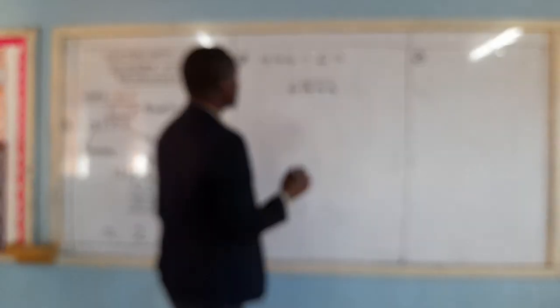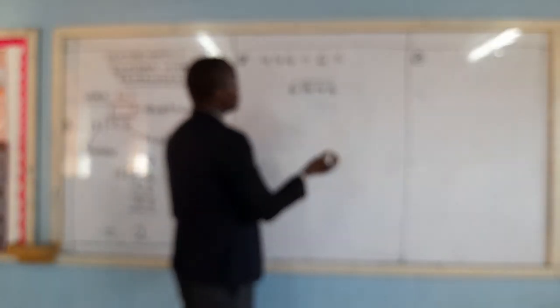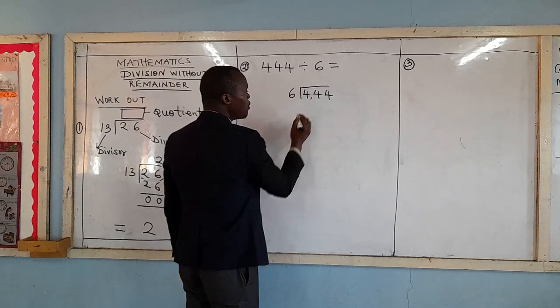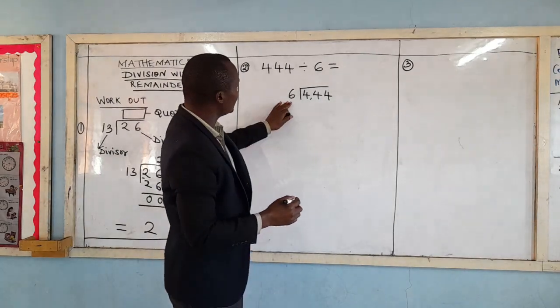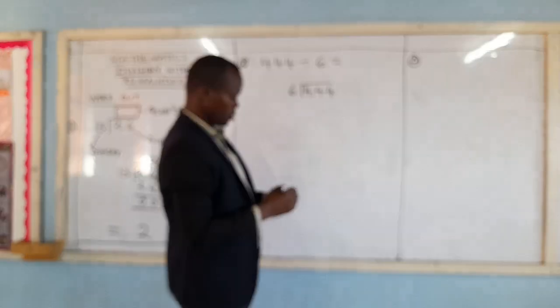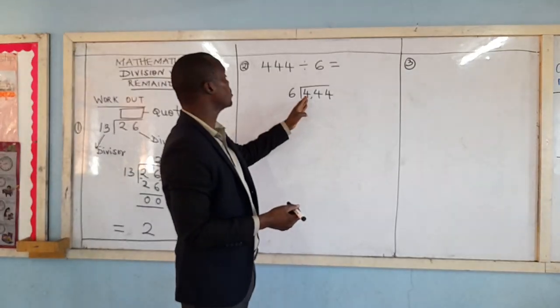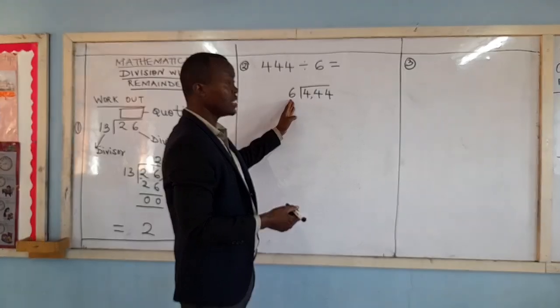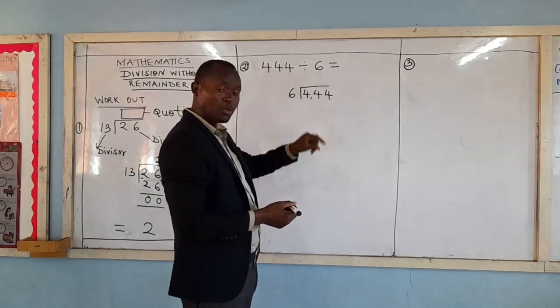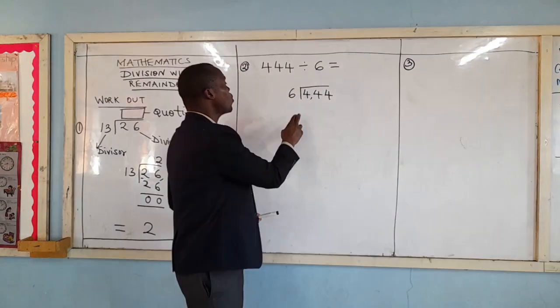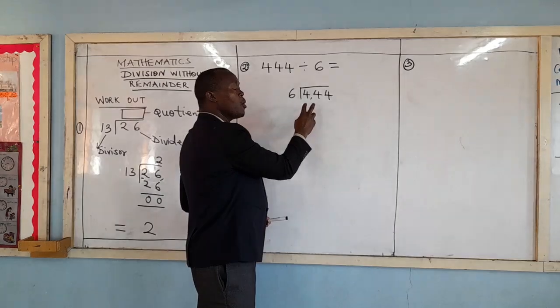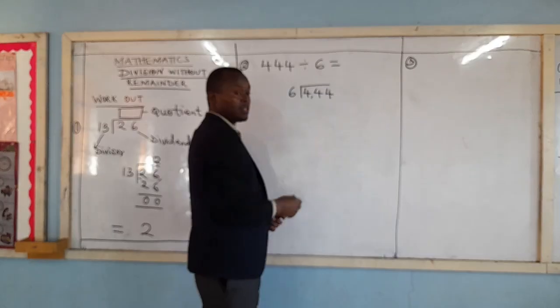Find out by asking yourself, if you try to consider 4 alone, can 6 go to 4? You find out that 6 cannot go to 4, simply because 4 is smaller than the divisor. The number to be considered has to be equal to 6 or more than 6, which is the divisor.